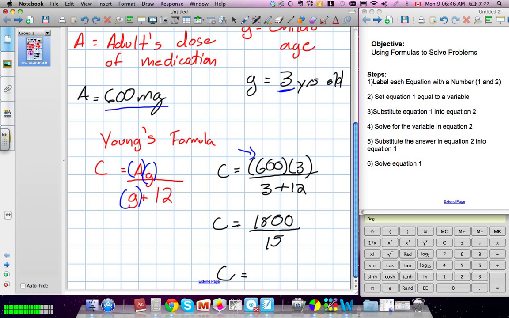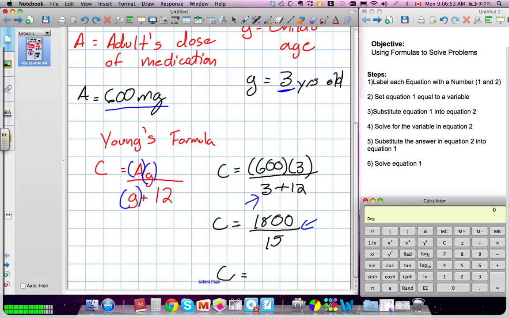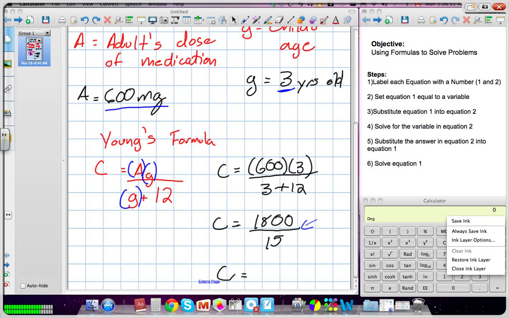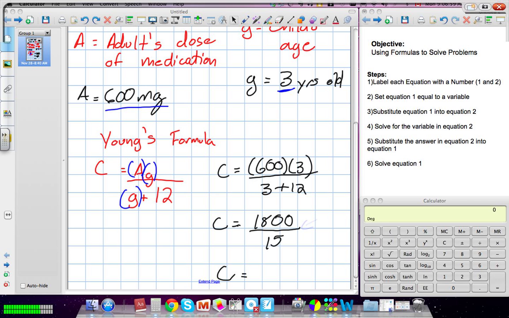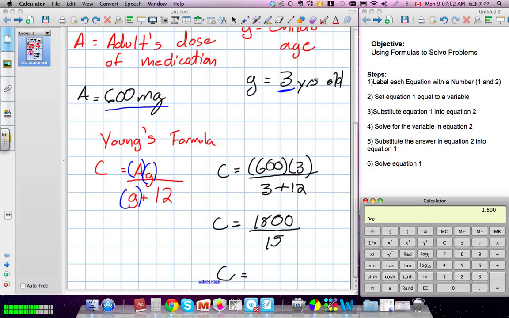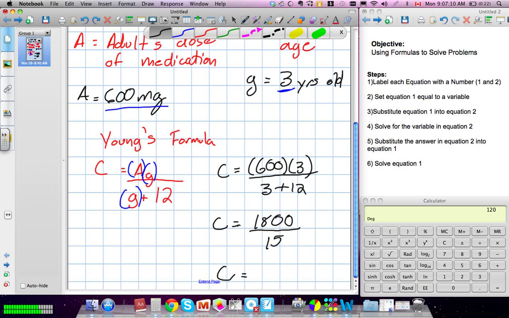Now, this is a division sign, so we're going to divide our 2 terms. We have 1,800 divided by 15 equals 120. So, we got our C value to be 120.